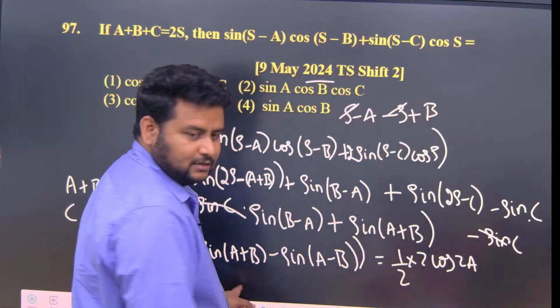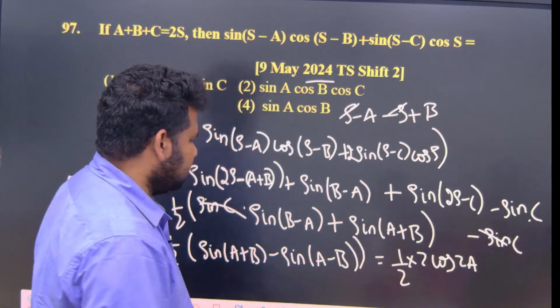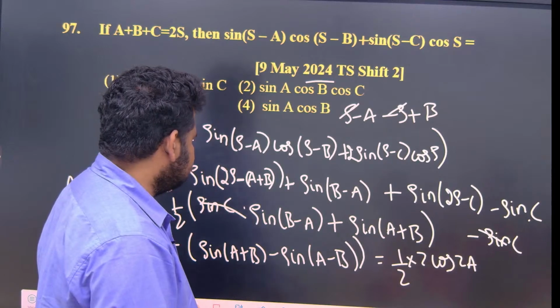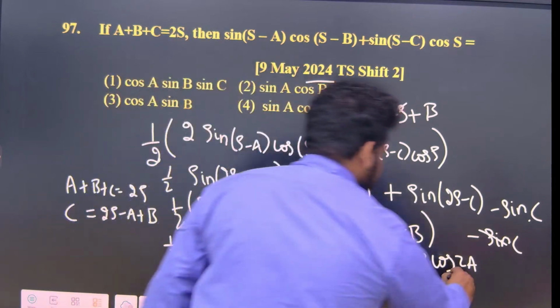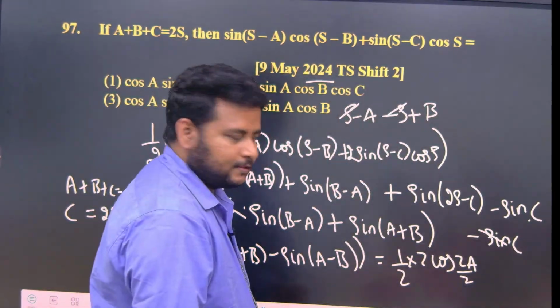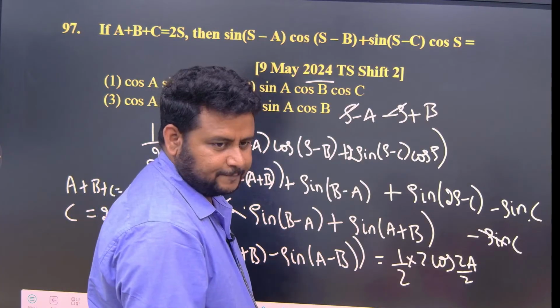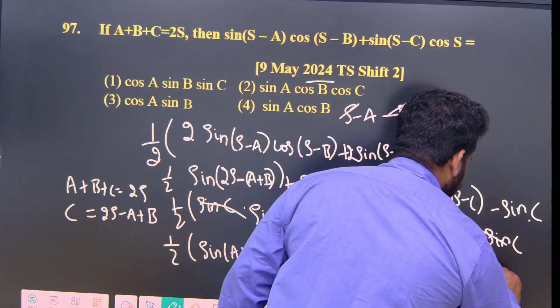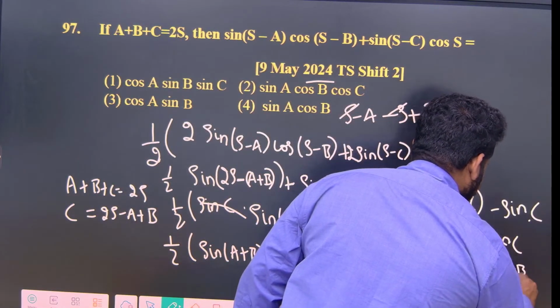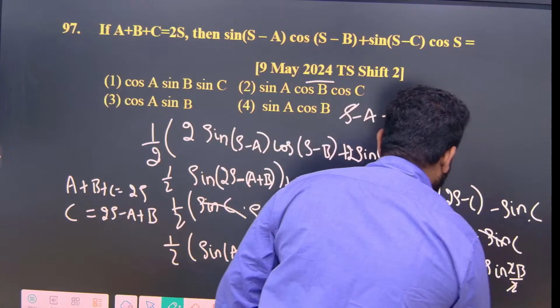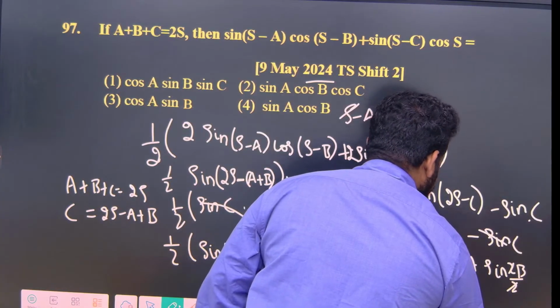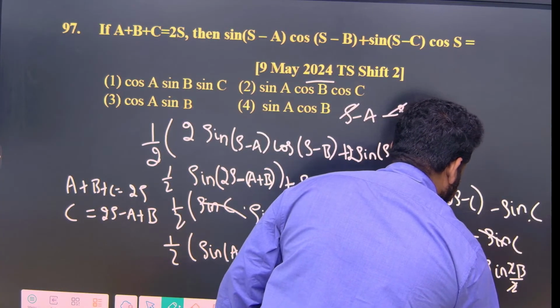B and B will cancel. 2 cos A into sin C minus D by 2. A plus B minus A minus B means what will we have? 2B. So this will be sin 2B by 2. 2 cancels, 2 cancel. We'll have what? Cos A sin B.